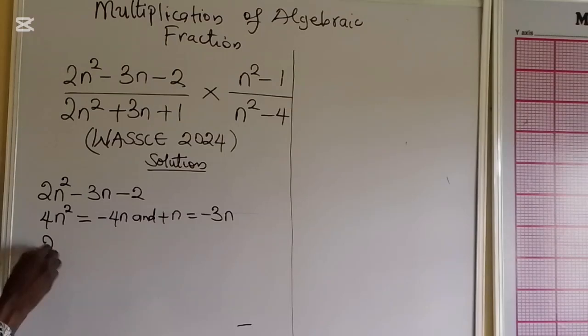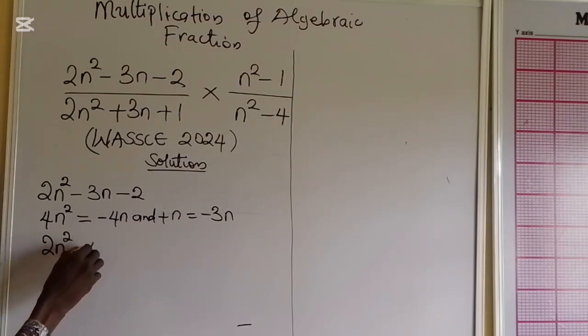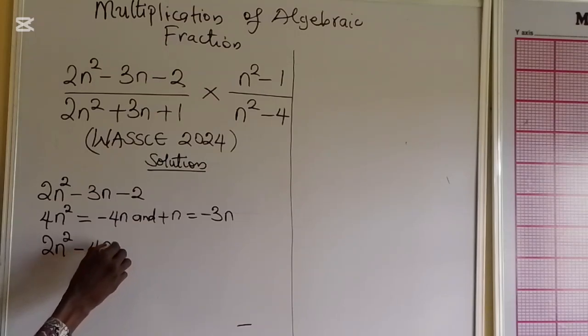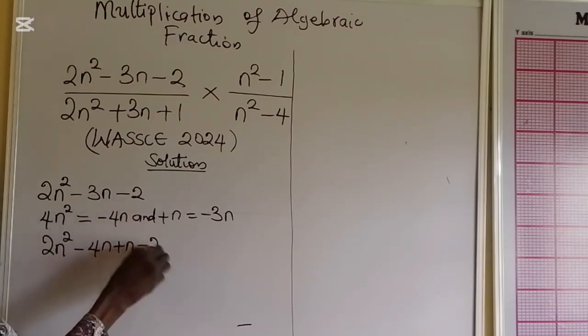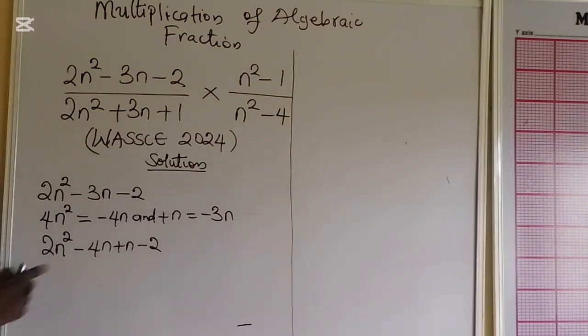So here we have 2n² − 4n + n − 2. Let's factor out what is common between these two: 2n² and 4n, the common factor is 2n.